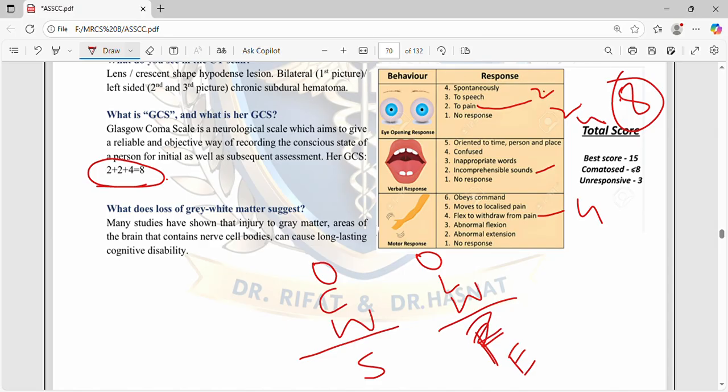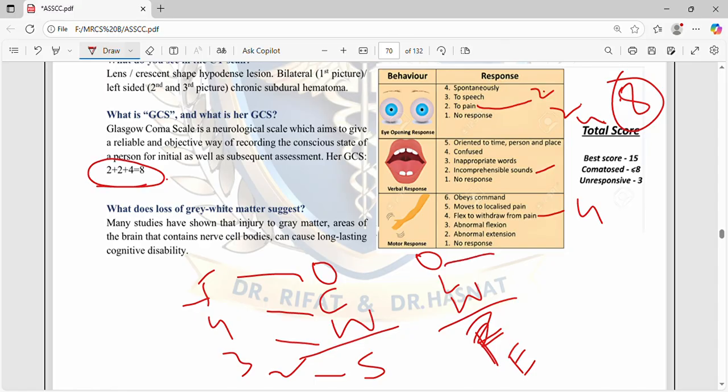So OCWS, OLWFE. Oriented, in time, person and place, starts from 5. Confused is 4, inappropriate words is 3, and incomprehensible sounds is 2.